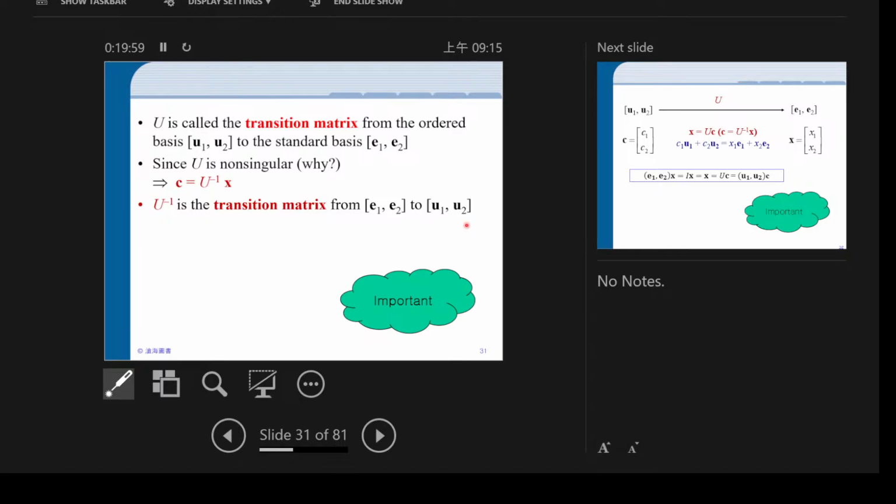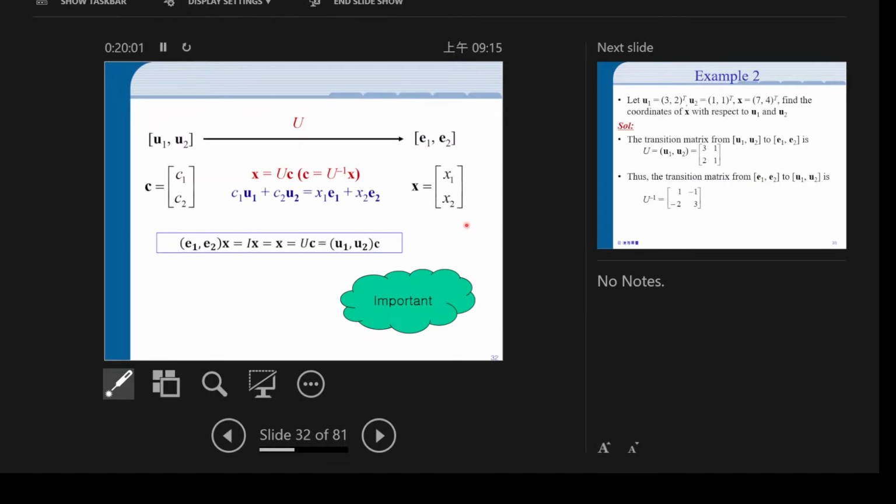So let's write this as, the picture is like this. So we have u1, u2, and you go to e1, e2, and you have this matrix U here. Okay. Let's talk about this first.